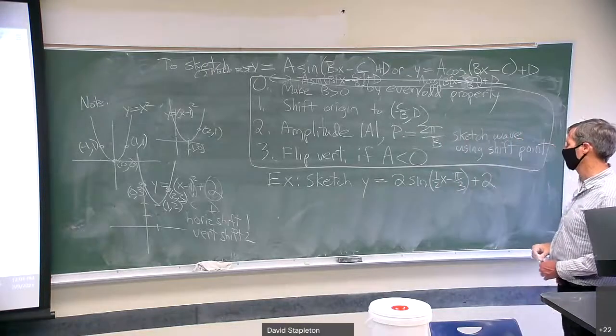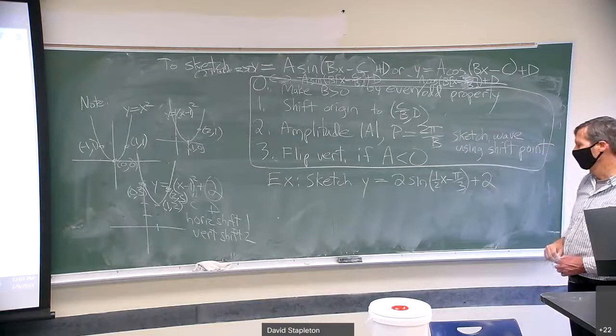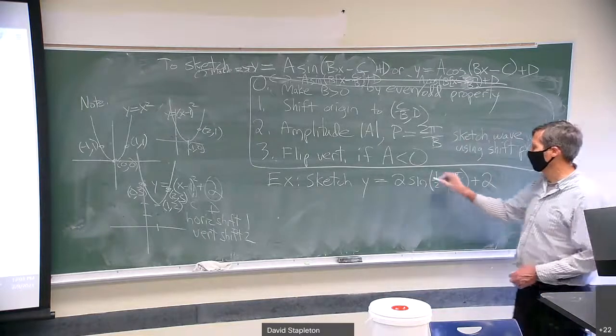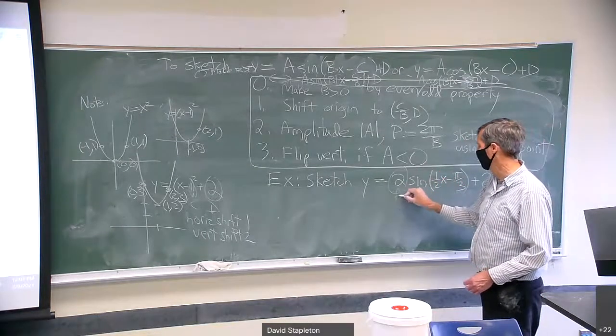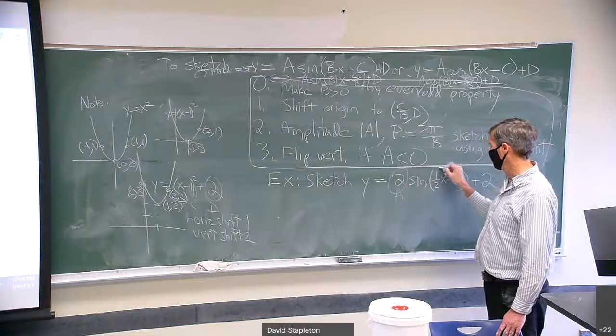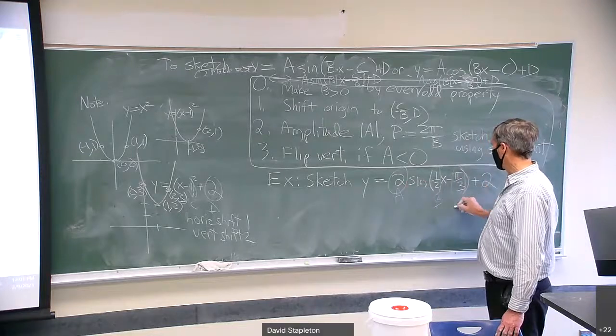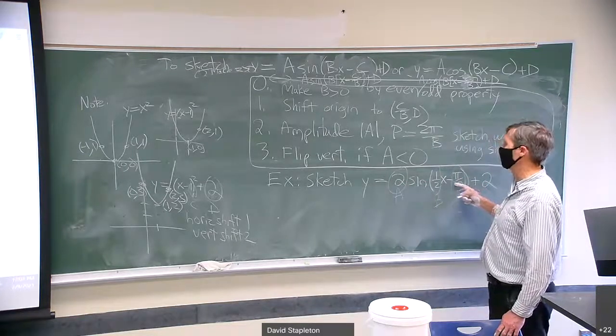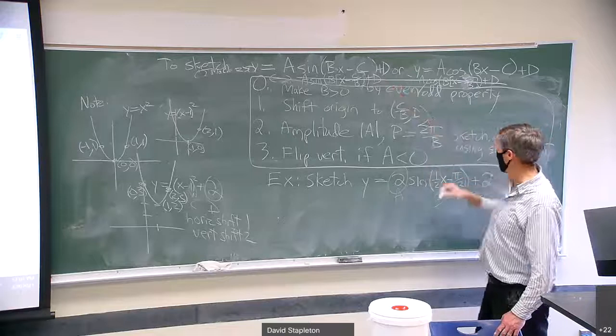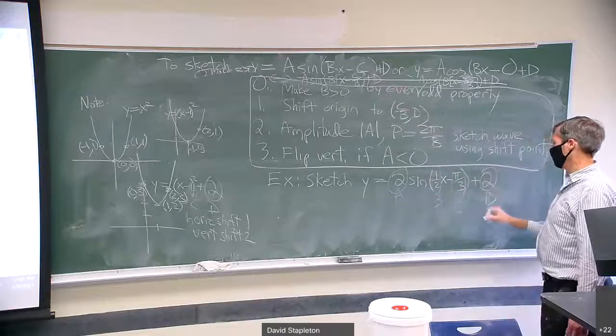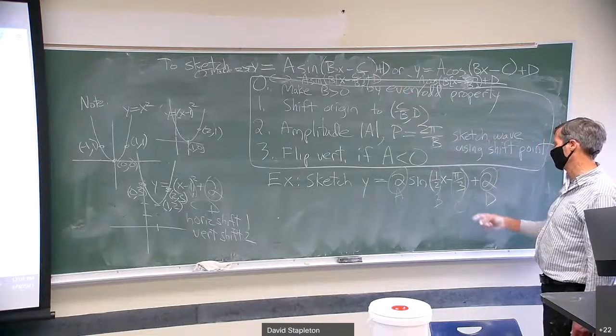What does that look like? Identify the letters. A is on the outside multiplying. B is whatever multiplies x. C is whatever is subtracted, so C is pi over 3, right? And D is whatever is added on the end. So be careful, C is what's subtracted.